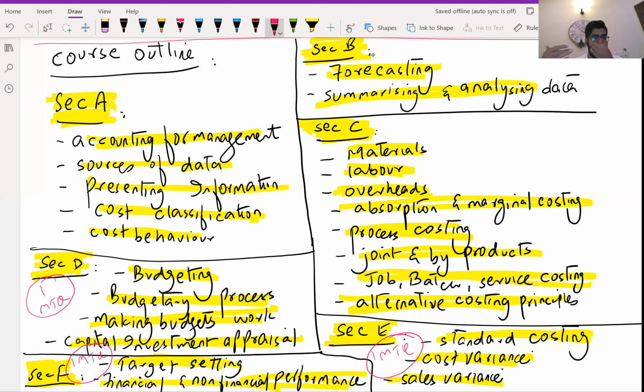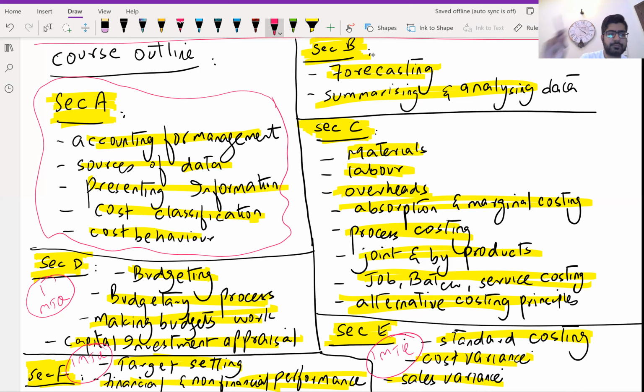Now, how will we study? The usual pattern of our study is that we will start firstly through section A. Once we complete section A, then we will be moving towards any of the sections.